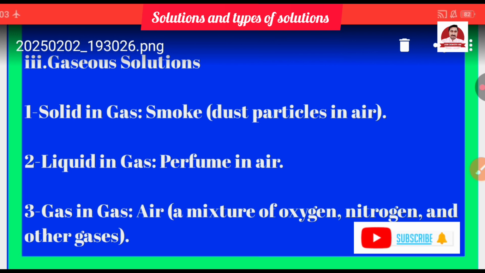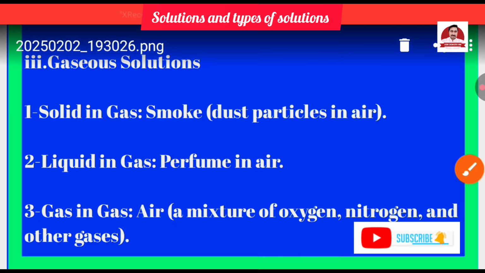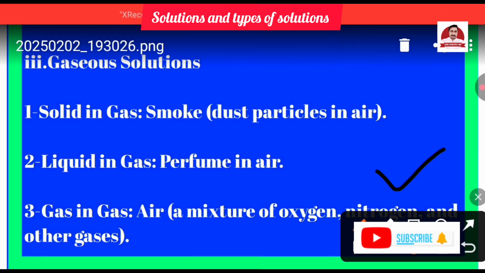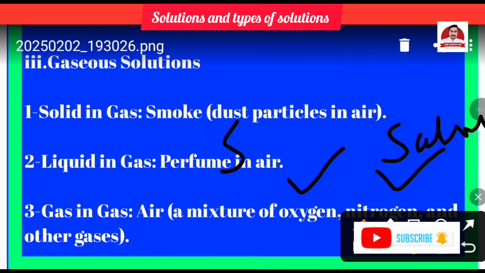It is a mixture of oxygen and nitrogen, where one gas is the solute and the other gas is the solvent. Here in the mixture of gases, we know that the percentage of nitrogen is large. Here nitrogen is the solvent and oxygen is the solute.